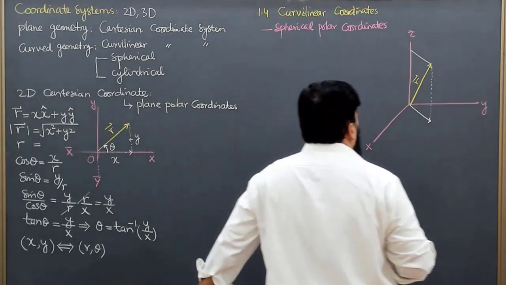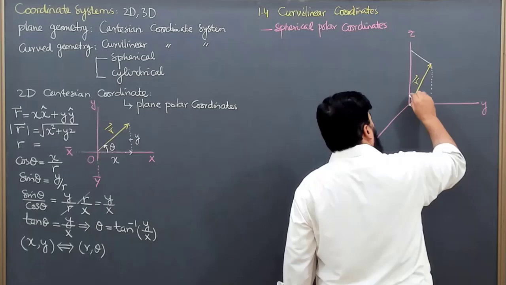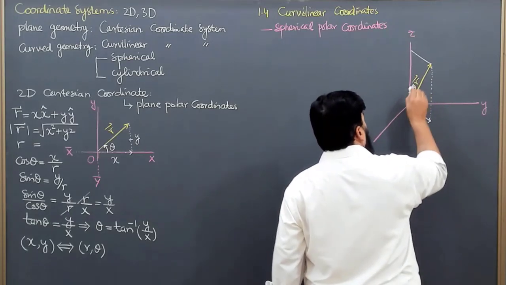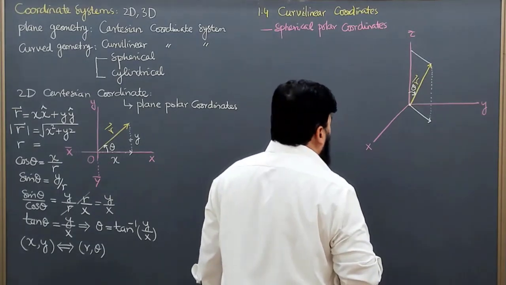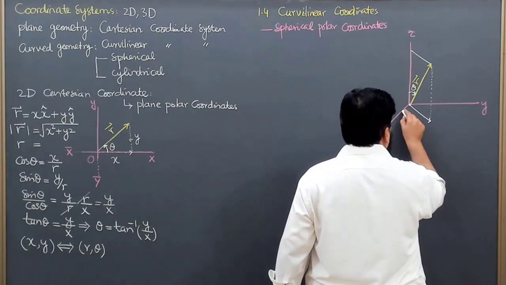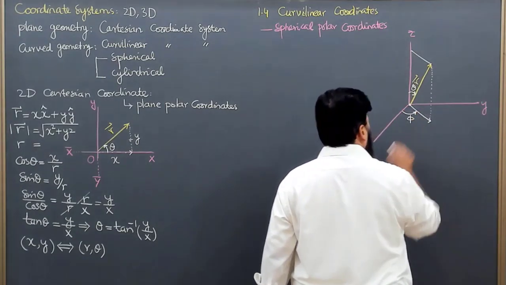Now let's say this vector r makes an angle theta with the z-axis, and its projection on the xy plane makes an angle phi here.